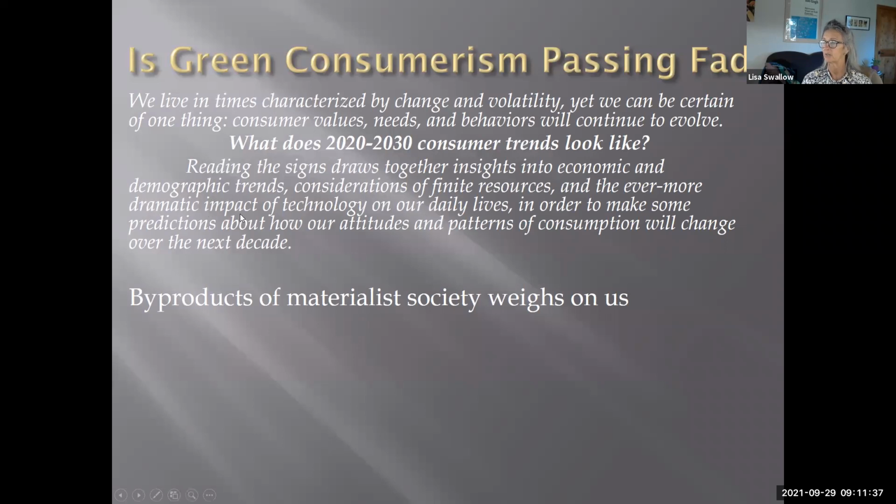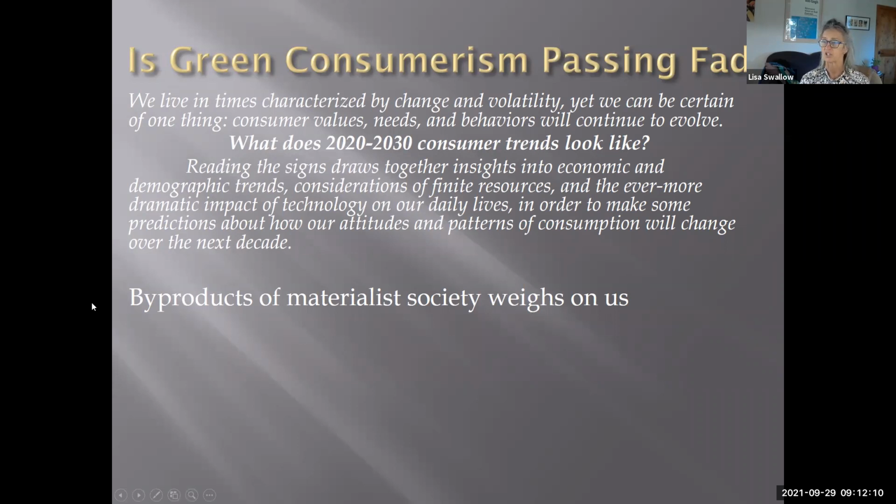Obviously the ever more dramatic impact of technology on our lives. How are we teaching? How are we learning? How are we moving goods and products around? And then how are consumption patterns changing? And certainly there's still a tremendous amount of overconsumption, particularly in the developed nations, particularly in America. But we are seeing that more and more folks, even affluent people, are saying, listen, it's just too much.